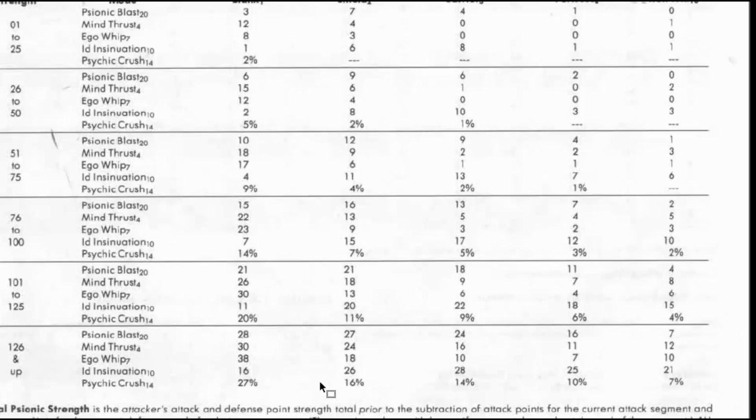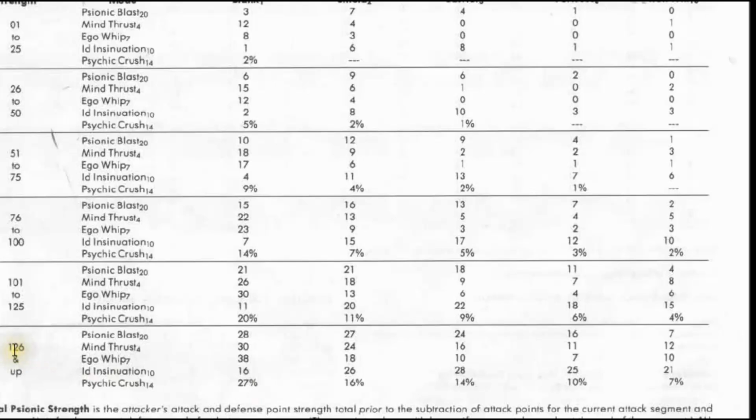So it's very much of a gamble, because even if you have the most psionic strength that you possibly could, and he chooses exactly the wrong defense, the mind blank, then you only have a 27% chance of killing him. That's right down here, right?